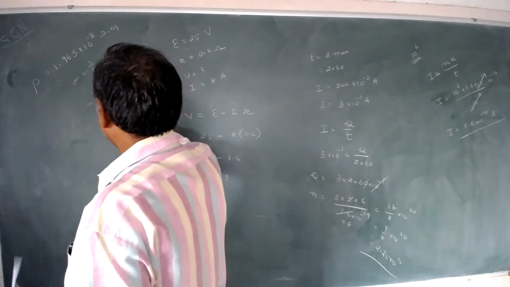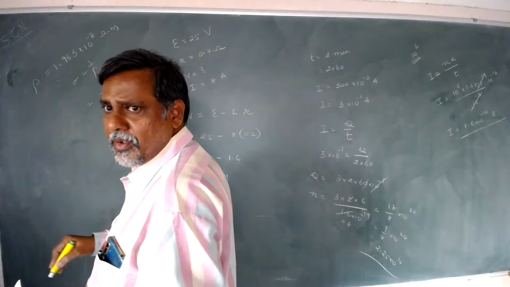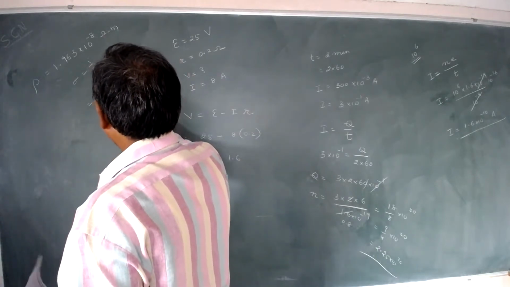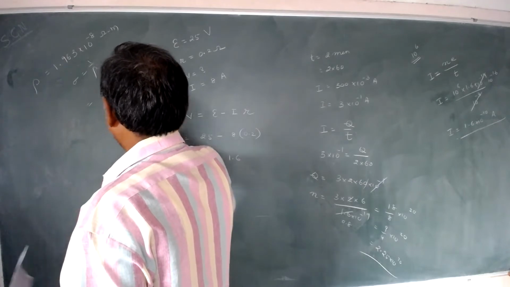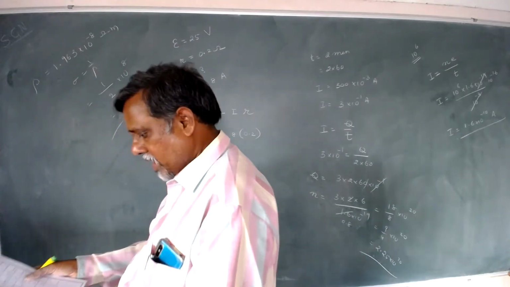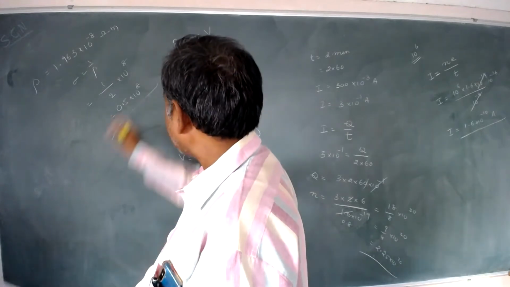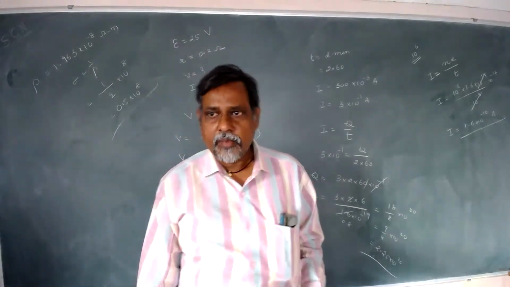There will be no danger. Any danger? No danger. Okay. 10 power 8, approximately 0.5 into 10 power 8. Now search for the nearest answer. So 5 into 10 power 7.